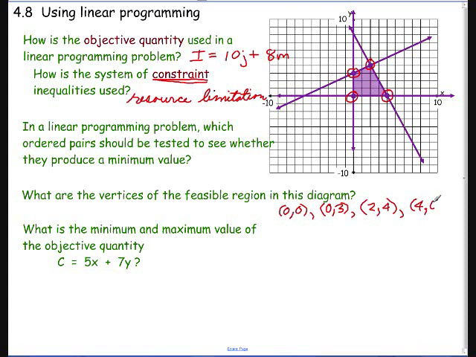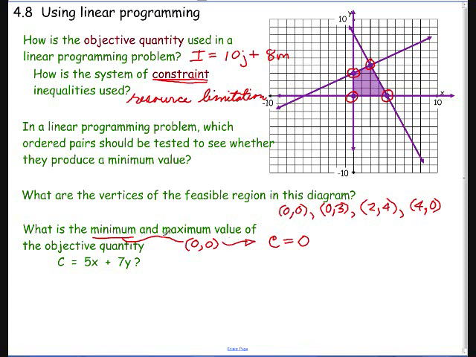So our minimum and our maximum are going to be found in these 4 points. Let's figure out what those are. The minimum is pretty easy to figure out. There's no negatives here, so I know my minimum has got to be at 0, 0, because at 0, 0 we're going to have C, our objective quantity, equals 0.